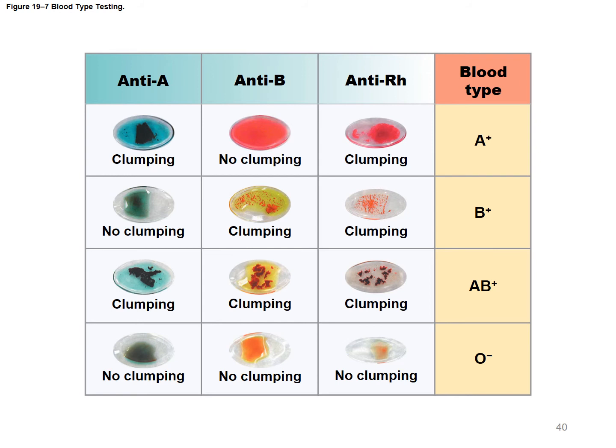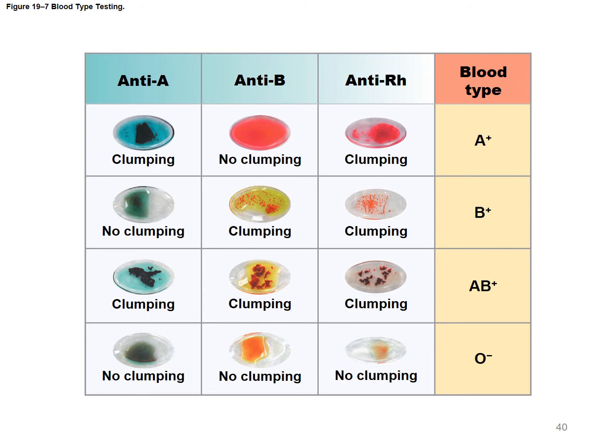So since that caused clumping, then we know that the Rh is present. That Rh antigen is there. So therefore, the clumping on anti-A and the clumping on anti-Rh means we have a blood type of A positive. And that's how you would figure it out in regards to compatibility testing.